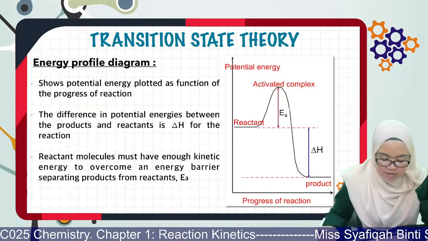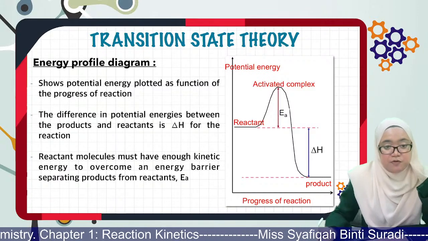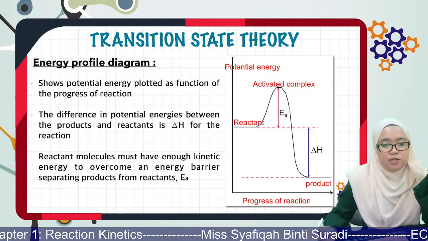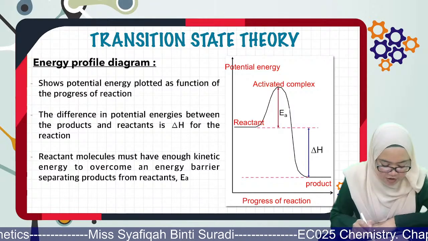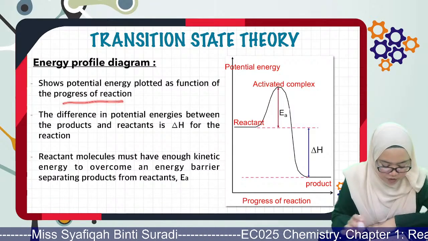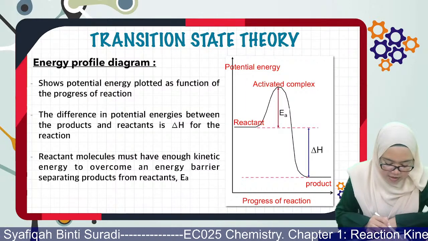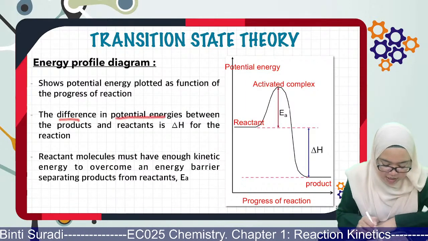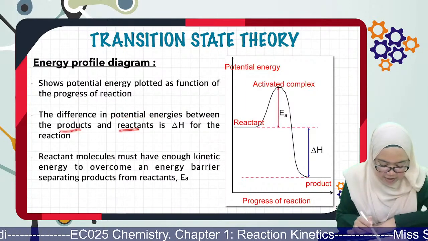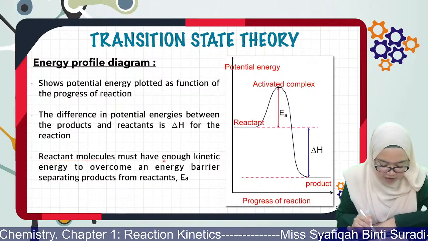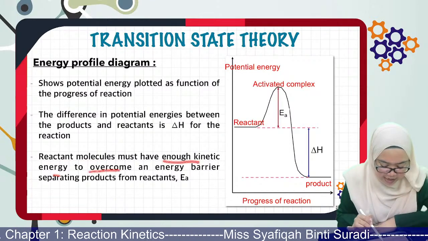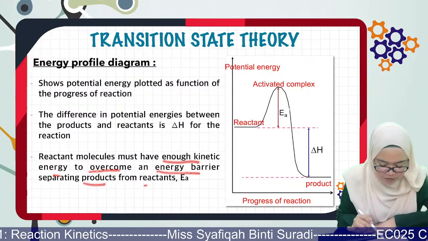show our transition state theory menggunakan energy profile diagram lah. Sebab apa? Kita punya profile diagram, dia shows potential energy plotted as function of the progress of reaction, and then the difference in potential energy between the product and reactant is delta H for the reaction, and the reactant molecules must have enough kinetic energy to overcome an energy barrier separating products from the reactant.